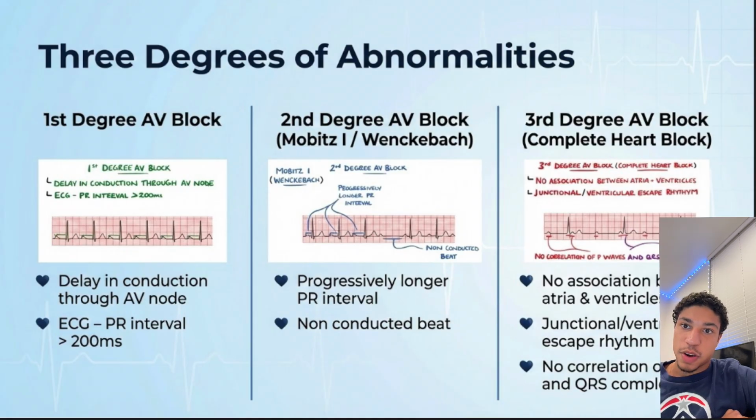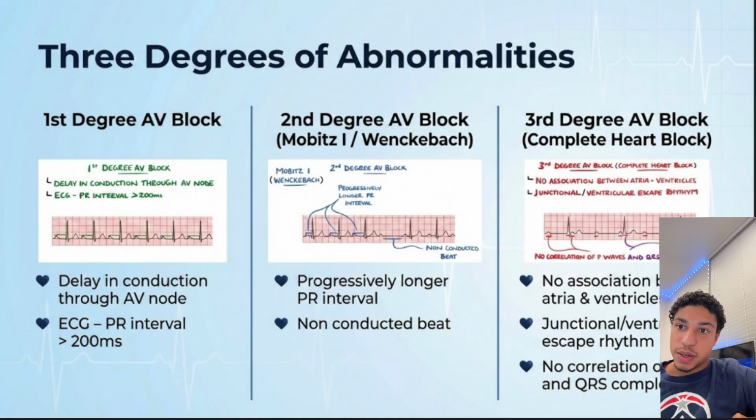In this case, the PR interval stays constant, but occasionally a P wave is not followed by a QRS complex. That means the electrical signal just suddenly fails to conduct to the ventricles, randomly with no warning. And the most severe form is a third degree AV block, also known as complete heart block. In this condition, no electrical signals from the atria reach the ventricles.